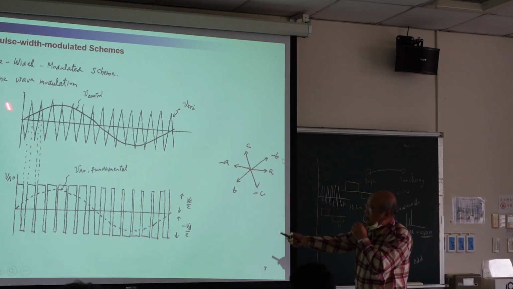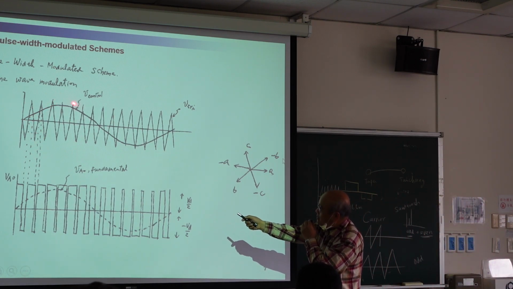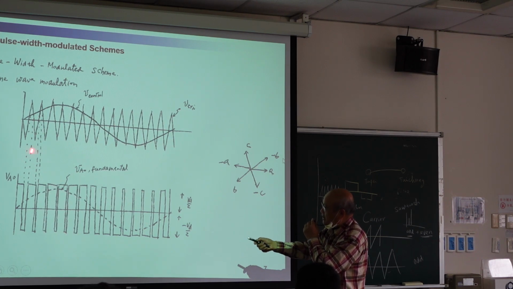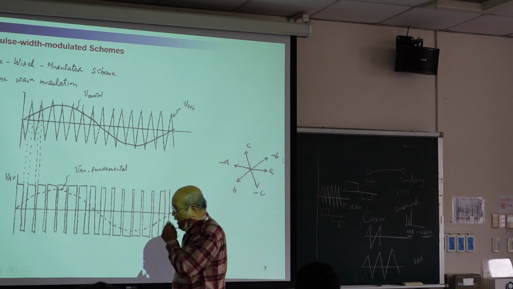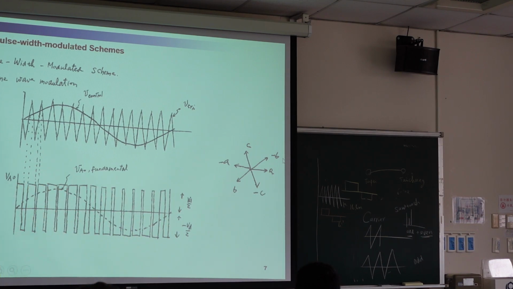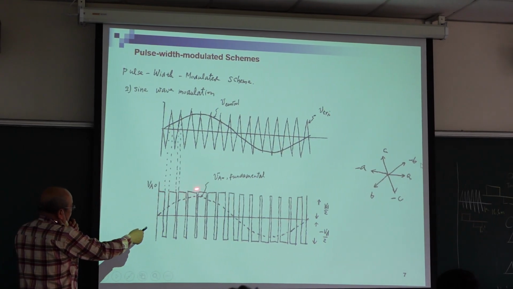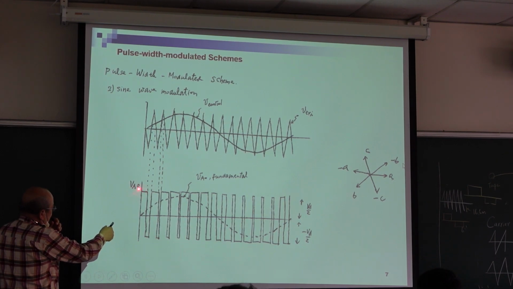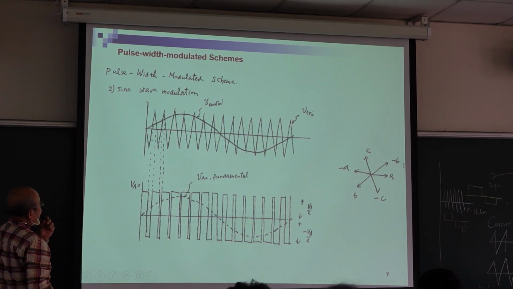So we choose triangular, and we put in our sinusoidal waveform, and then we do pulse width modulation. How can we decide whether the switch is on or off? You can see the signal here and the carrier here. If the signal is larger than the carrier, then we turn on the upper switch, so we get 0.5 VDC.